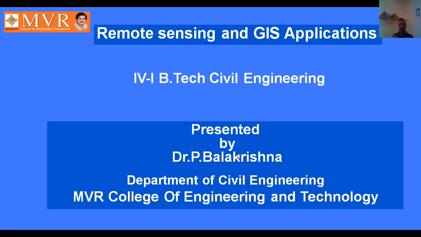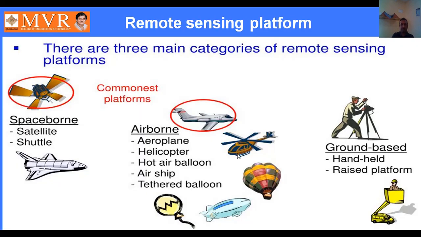Second one, airborne platform. In ground based remote sensing we are using cranes and handheld cameras. It is low level from the earth surface, and this is the airborne remote sensing.